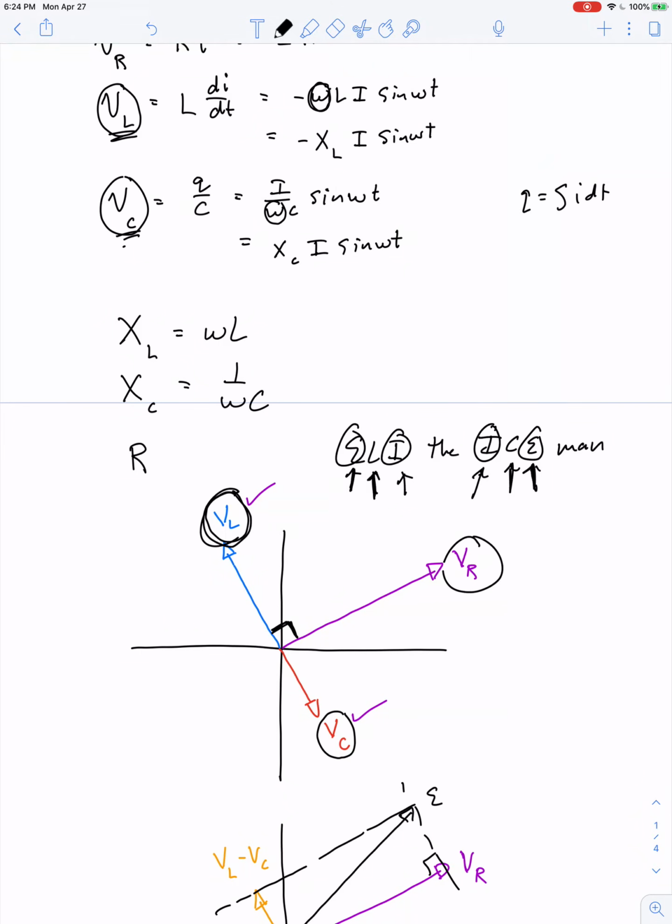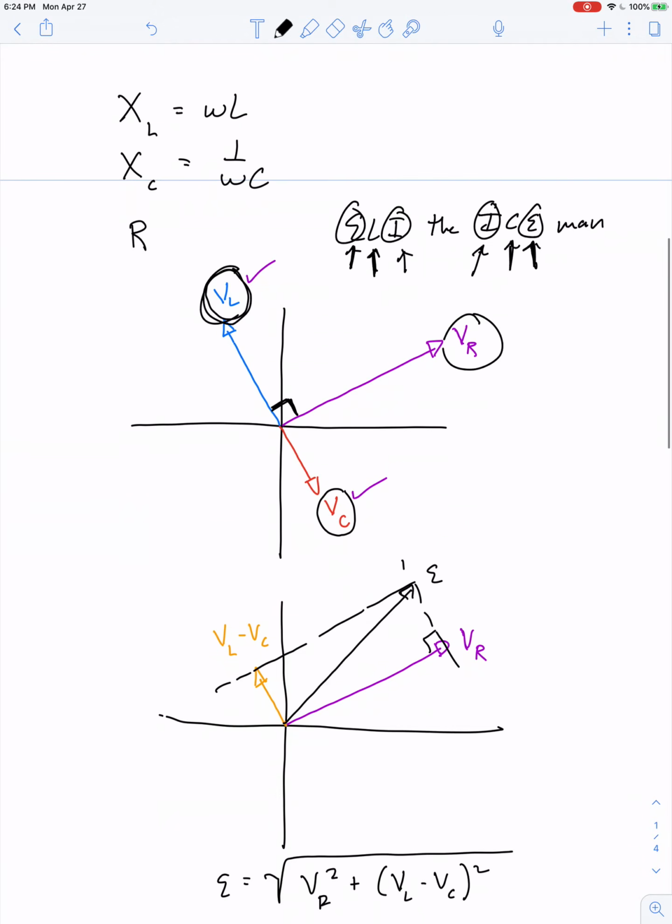It lags the current. So the voltage across the inductor in a phasor diagram is 90 degrees ahead of the voltage across the resistor. Because after all, voltage across the resistor and current always point in the same direction. The ICE part of ELI the ICE man: voltage across the capacitor lags behind the current by 90 degrees.